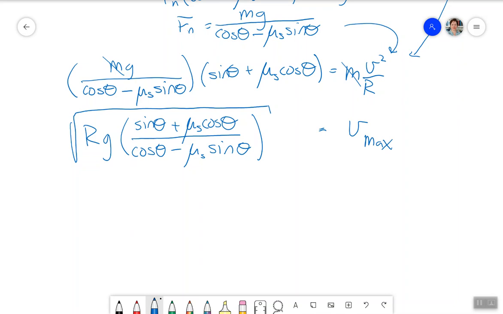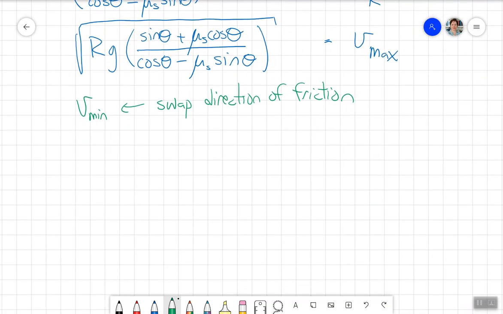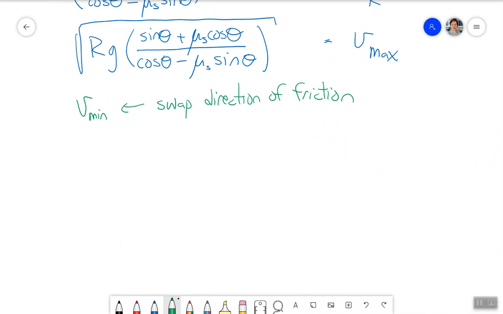Now to do it with a minimum speed, V min would just be to swap the direction of friction. You can do this in a quick and dirty way by simply changing the sign of the arrow.